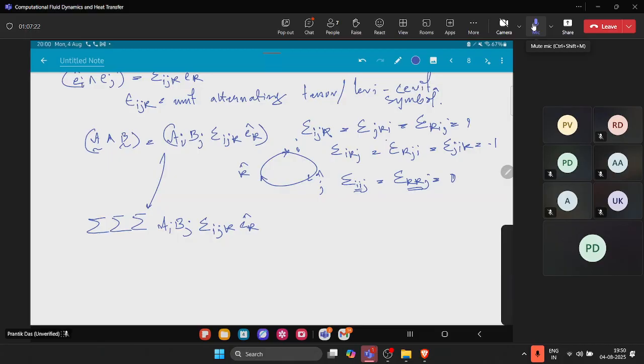The vector we are getting is perpendicular to both the a vector and the b vector, and i is varying from 1 to 3. j is varying from 1 to 3.